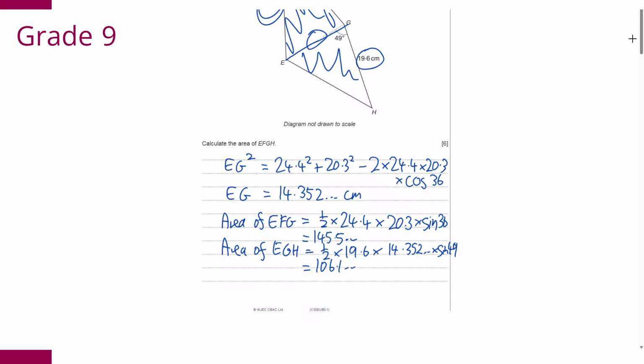Add those together and you get the answer of 251.6 centimetres squared, somewhere around there. Rounding's probably a bit off, but what can you do?